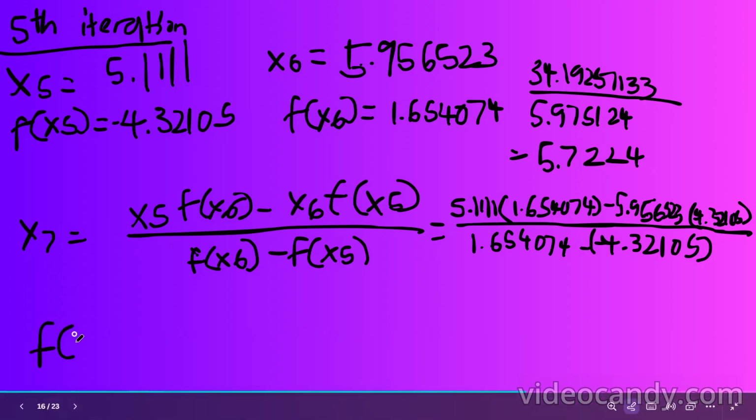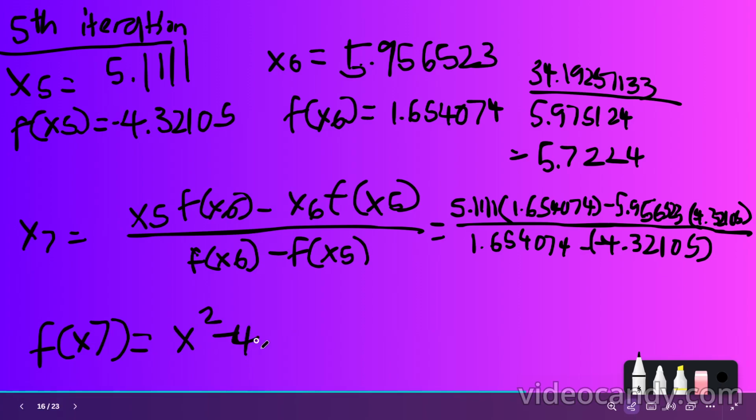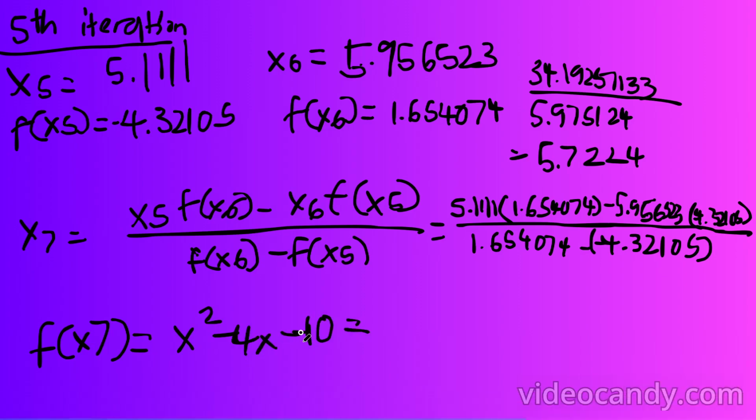Okay, let's go for the f of h7, which is h squared minus 4h minus 10. So 5.7224 squared minus 4 times 5.7224 minus 10. How much?